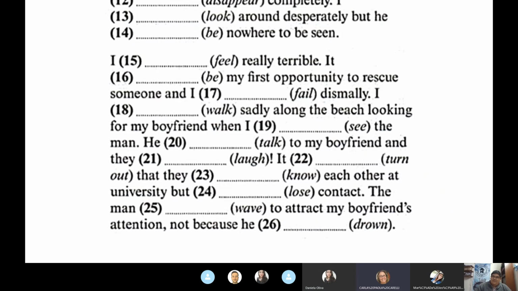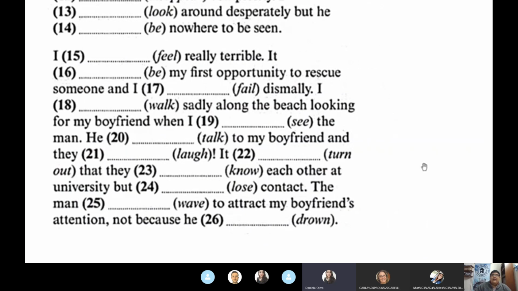They had known each other at university. In Spanish, se habían conocido en la universidad. But had lost contact.